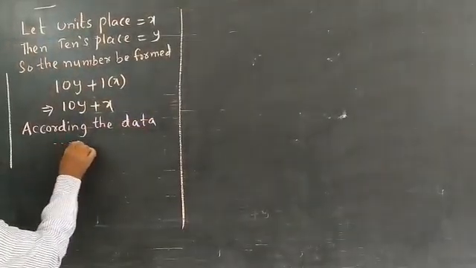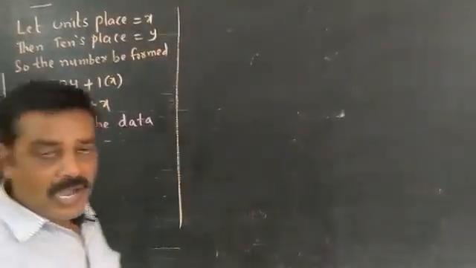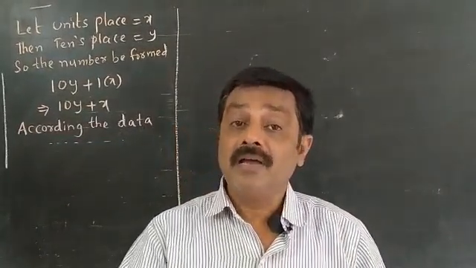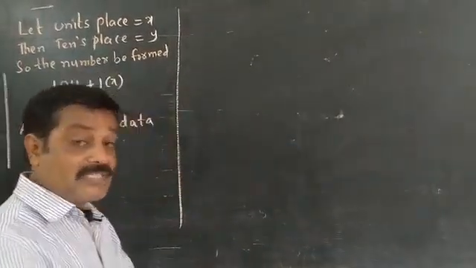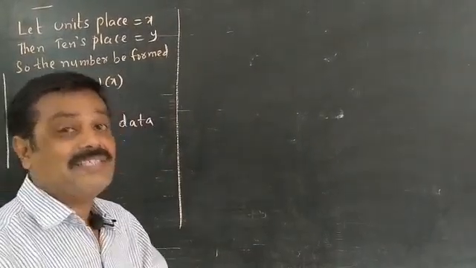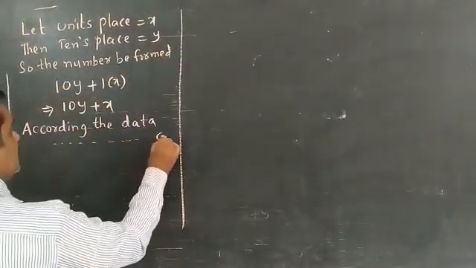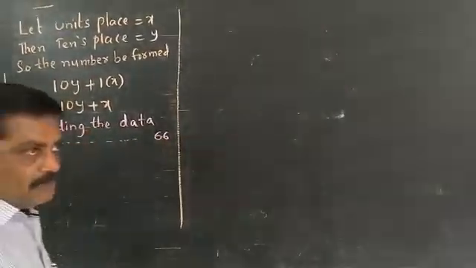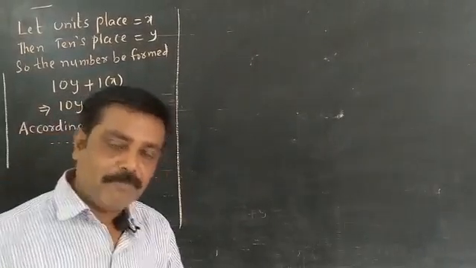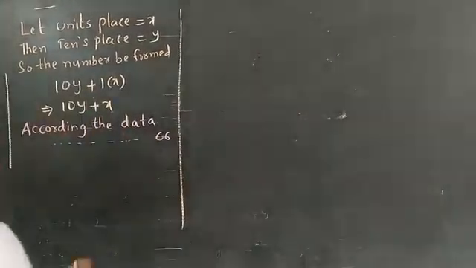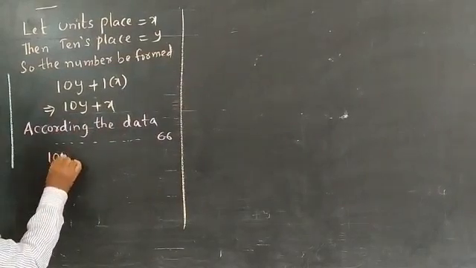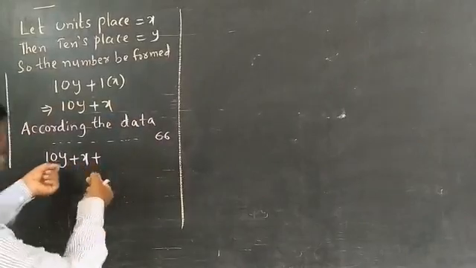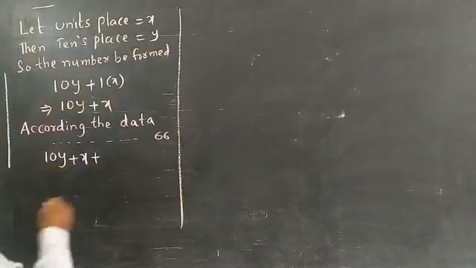You have to write this in the equation. So this is 10y plus x, our original number. Interchanging means the units place goes to the tens place and the tens place goes to the units place.